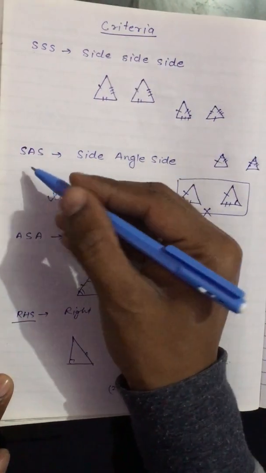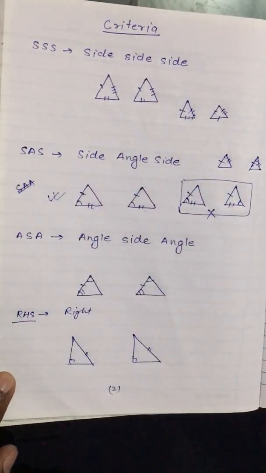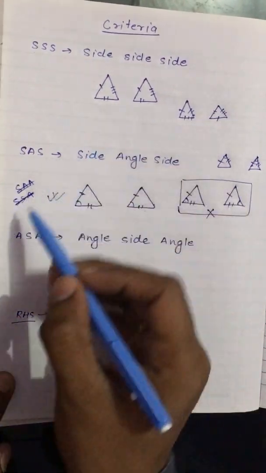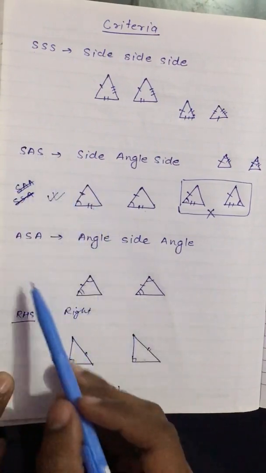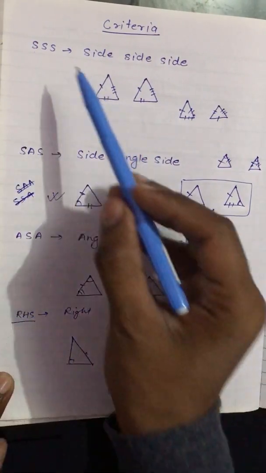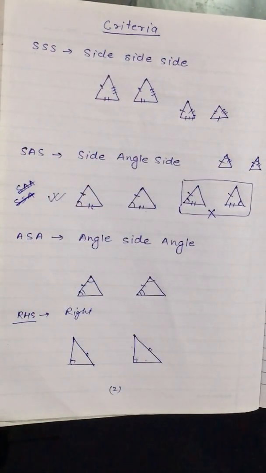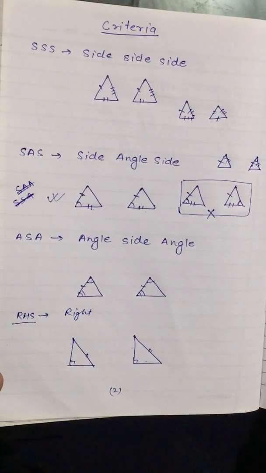It cannot be SSA. No, cannot. There are properties only SAS, means angle between the side and side, and ASA, side between the angles. And this one is side, side, side. Understand? So these are the properties or criteria of congruent triangles.